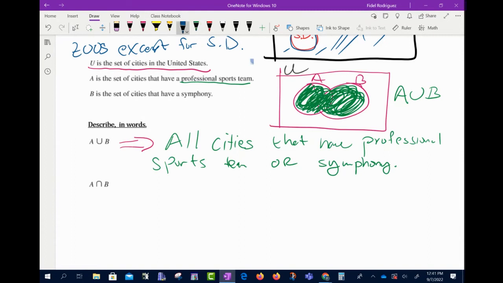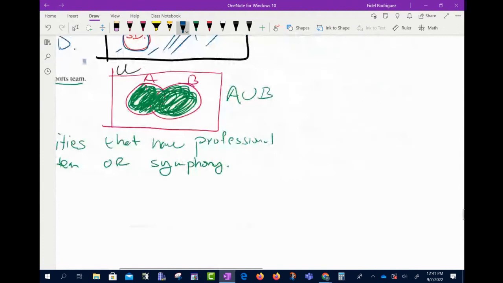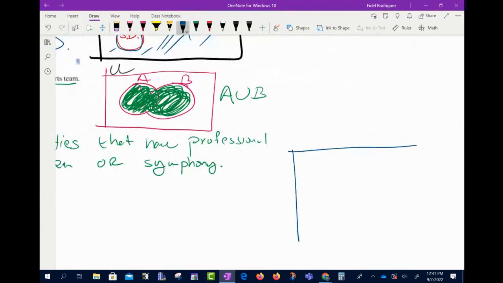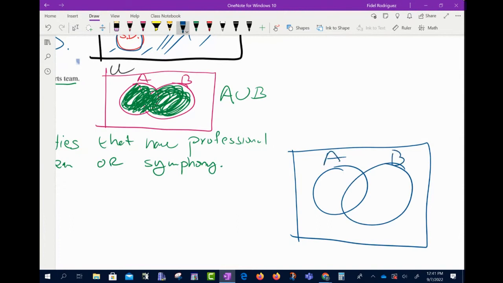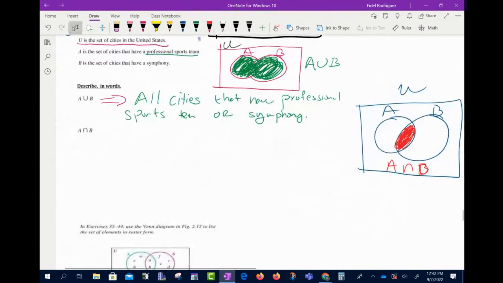Now, what we want to do for the second part, y'all, is A intersection B. So again, just to give you a visual of what A intersection B looks like. So here's A, here's B. Okay. There's my universal set. This is what A intersection B looks like. Okay. A intersection B means we're looking for the parts that overlap, right? So like I said earlier, McAllen has a symphony, that would go in the first set, okay?